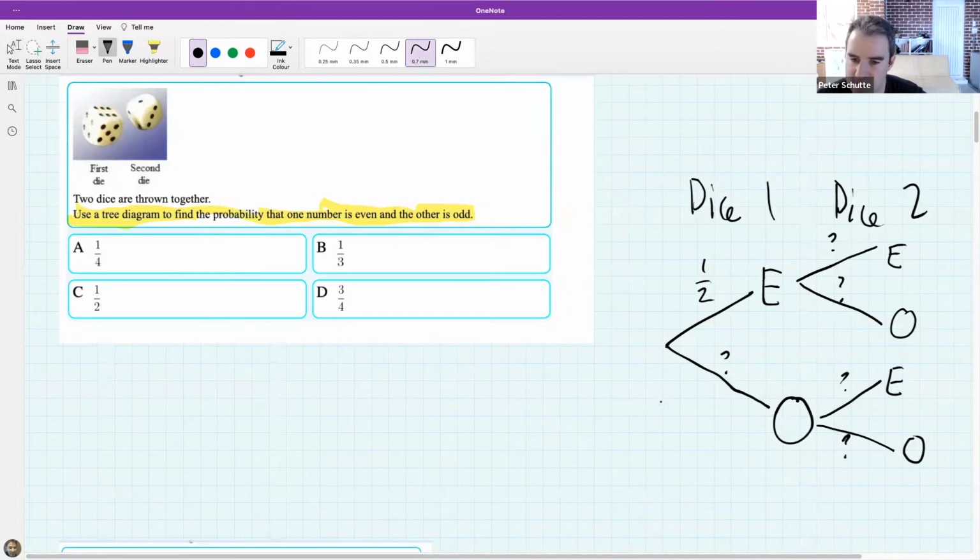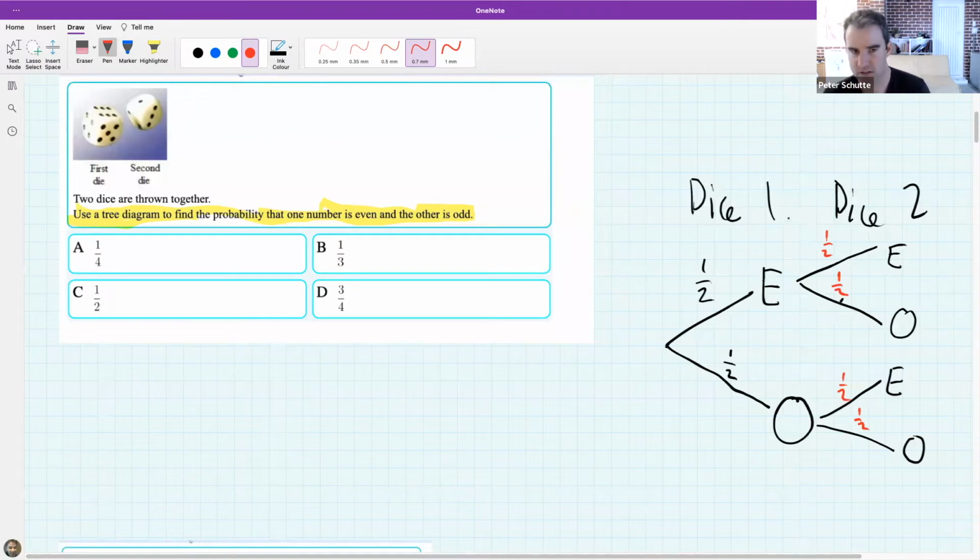So I think that each of these 2 branches is going to be a half. Now, throwing 2 dice, those are independent events. They don't affect each other. And so we shouldn't have any differences when we're writing these probabilities. The probabilities should stay the same. It should still be a half and a half and a half and a half.